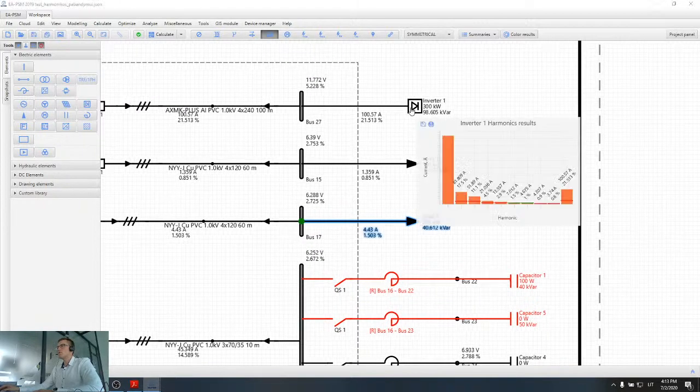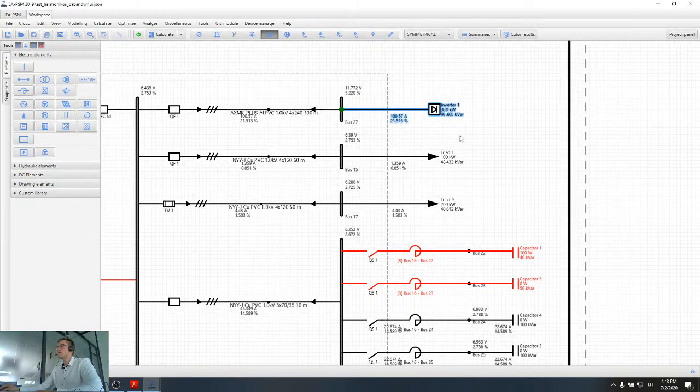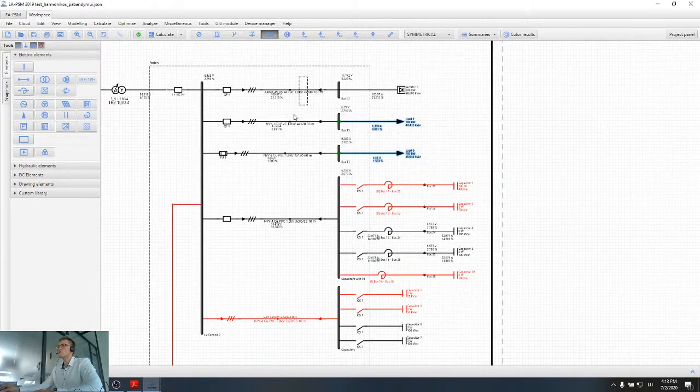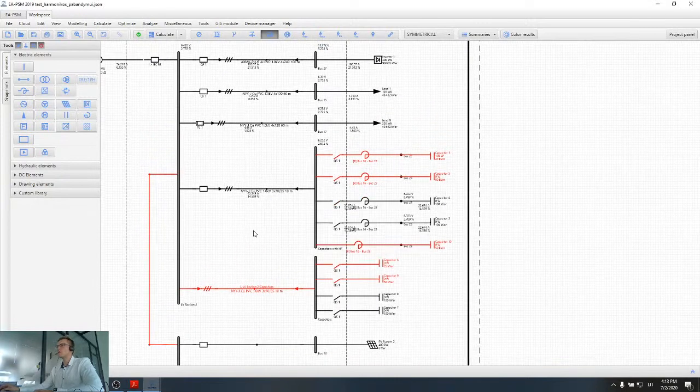When you set harmonics in non-linear loads, the software automatically calculates what the harmonics are in all the other network elements. This is the main idea behind the software calculations.